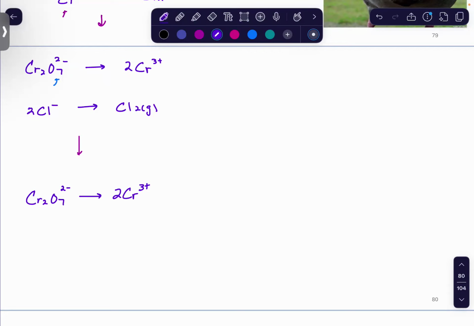And because there's 7 oxygens, I need 7 waters. The chlorine equation stays the same. Okay, now I need to use protons to balance hydrogens. Well, chlorine has no hydrogens, so that half reaction can stay the same.